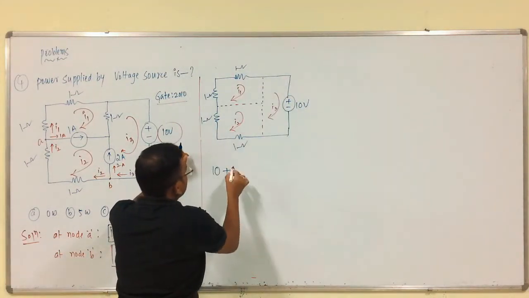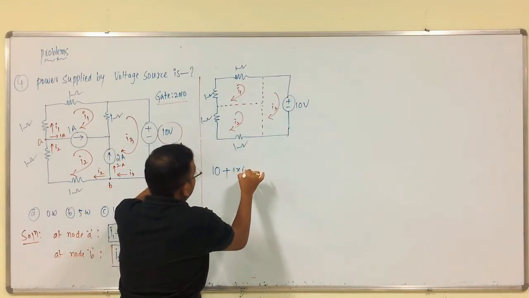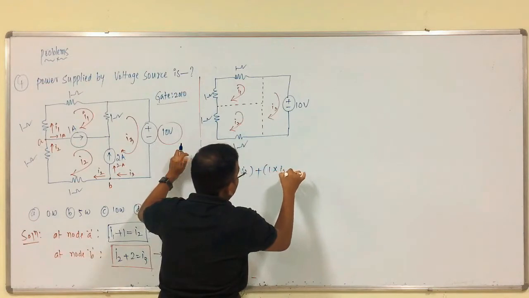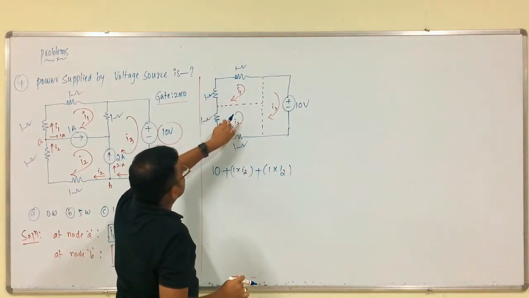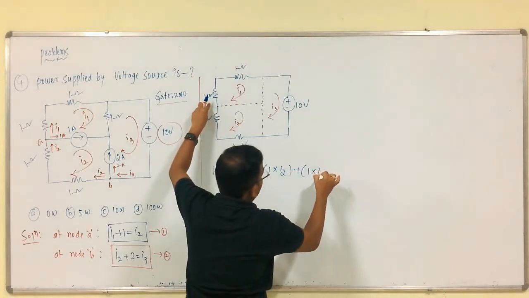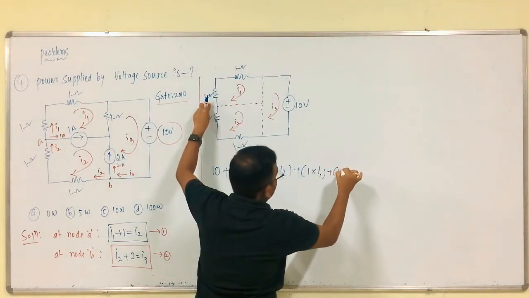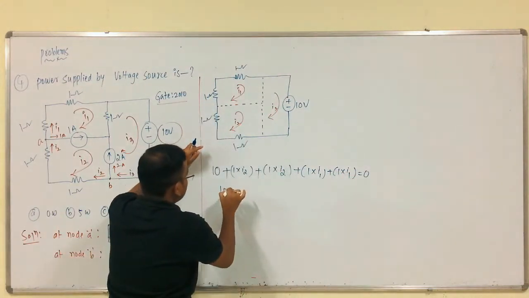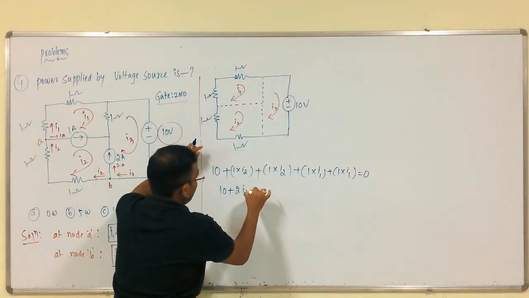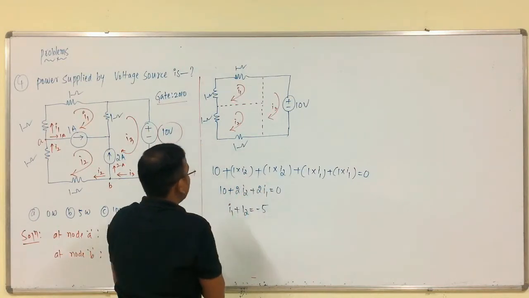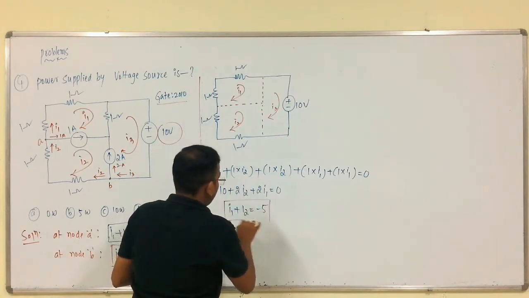Therefore, 1 into I2 plus again 1 into I2, then 1 into I1 plus 1 into I1 equals 0. Therefore, 10 plus 2 I2 plus 2 I1 equals 0, so I1 plus I2 equals minus 5.